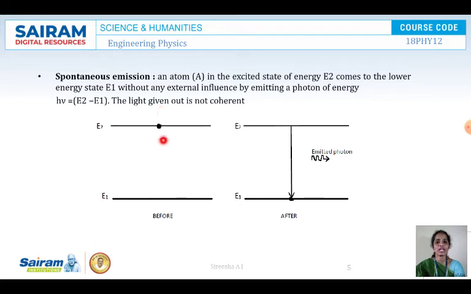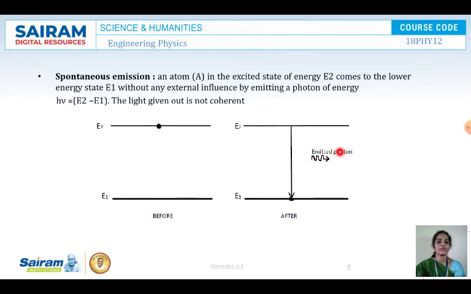Because E2 is an excited state where an atom can sit for a very short period of time. It cannot stay there, and immediately it comes down. The moment the atom comes from a higher energy state to a lower energy state, a photon is given out. This type of emission is called spontaneous emission, where no one makes this atom come down. It comes down by itself, giving rise to an emitted photon.